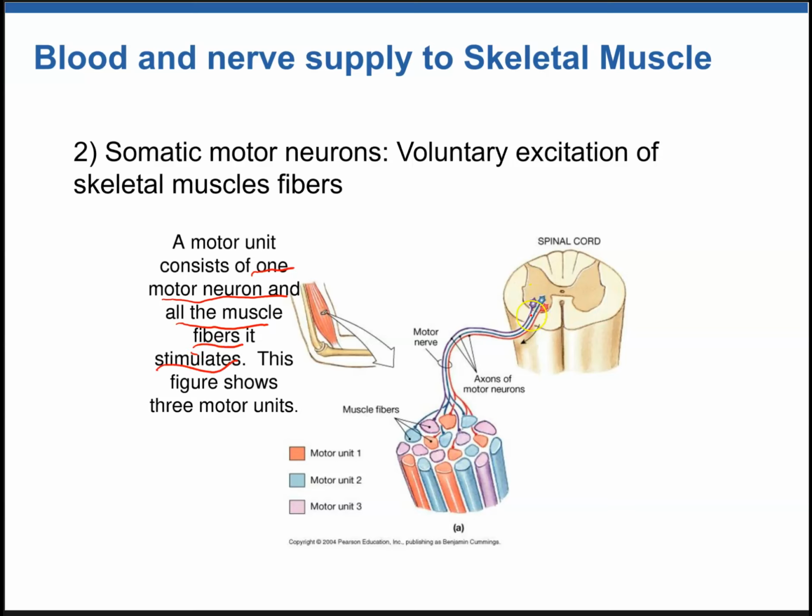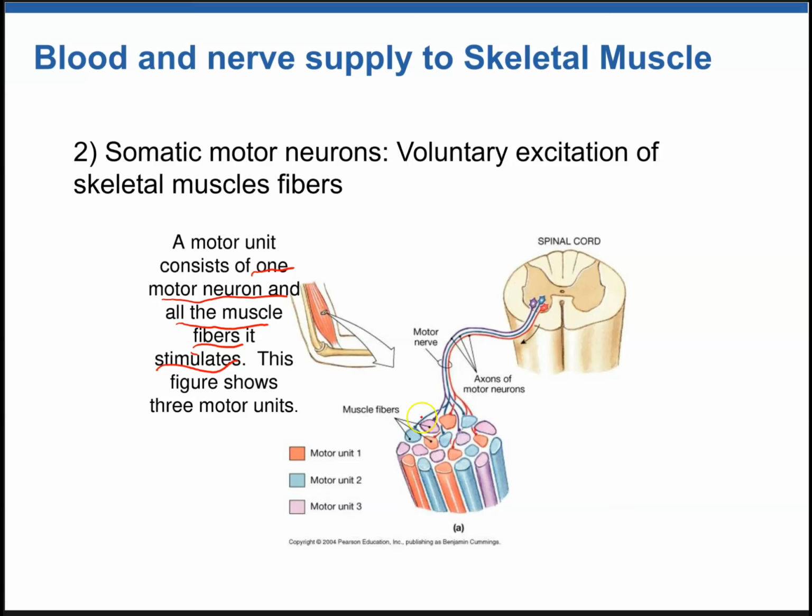So this is a single, you see this, let's pick the red motor unit. So the red motor unit emerges from the spinal cord and connects to a whole bunch of different muscle fibers. So in this way, each motor neuron can supply hundreds of different muscle fibers.